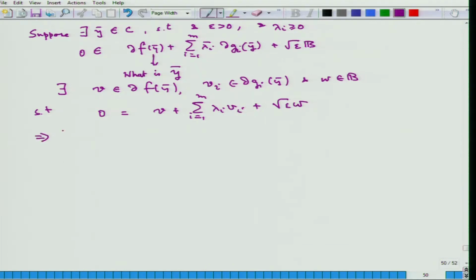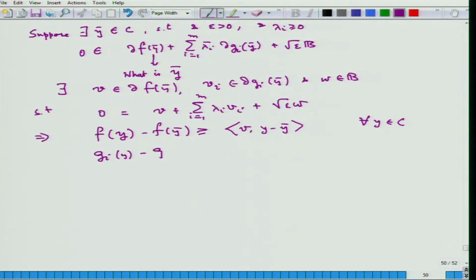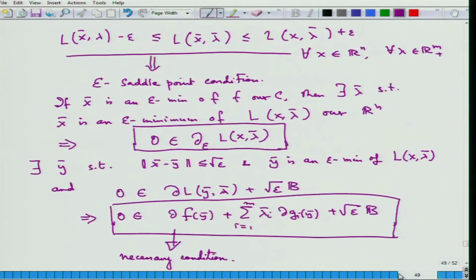Now, this would imply by the very definition of convexity in the subgradient, that for any other y in C, f y minus f y bar... Now, you see this condition that we have derived from the saddle point results, but the saddle point results is not just this.